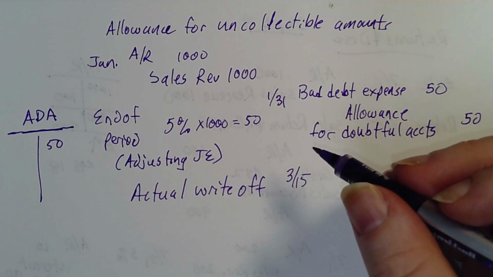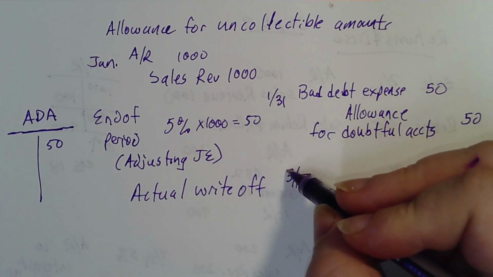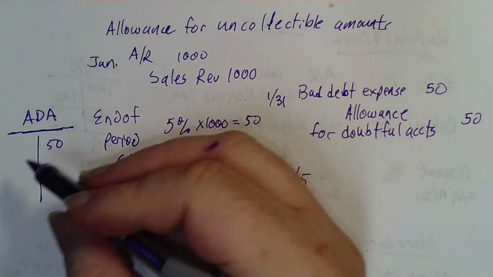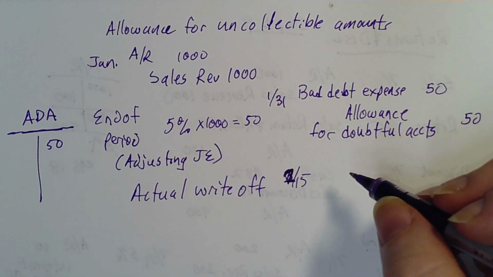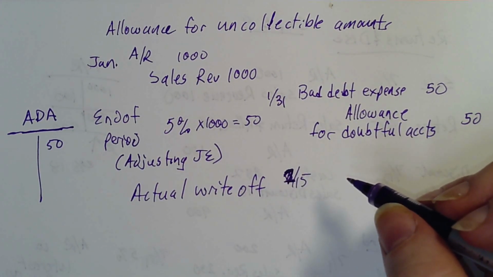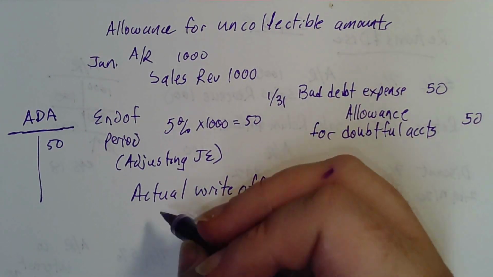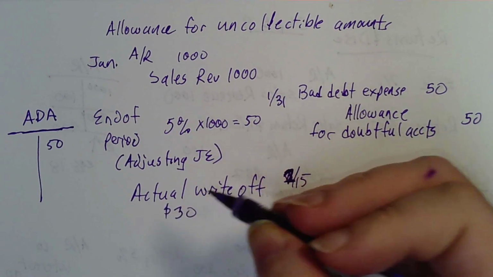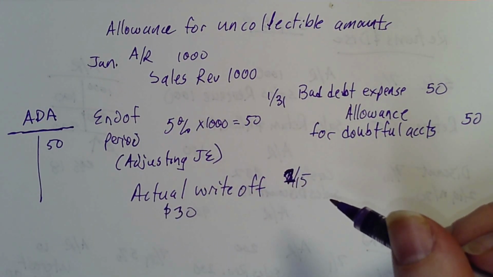We find out from someone that, okay, there's been some, well, let's stick it in February just so that we can kind of keep track of it at the same time. Make this February 15th. We find someone isn't going to pay their bill. And let's say that amount is $30. So some lawyer writes in and says, this company went out of business. They're not going to be paying their bill.